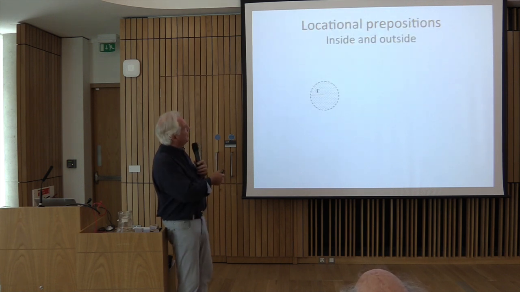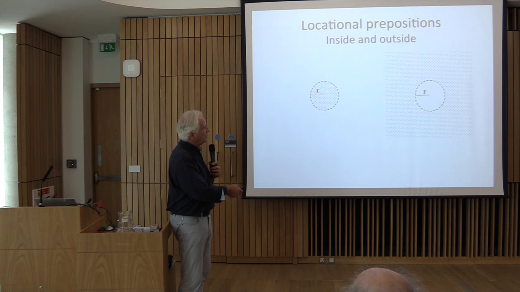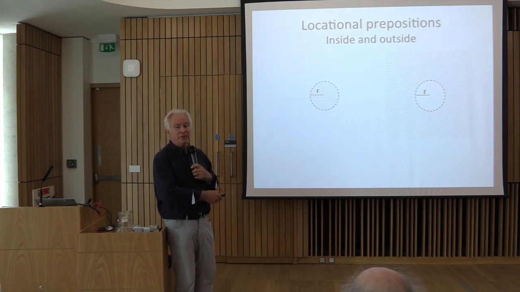So let me say something about location prepositions, inside and outside. So you have a landmark, and inside means this region, and if it's circular, it's polarly convex. Outside means everything outside of the landmark, sorry about the tautology, but anyway, in polar coordinates, this is convex.